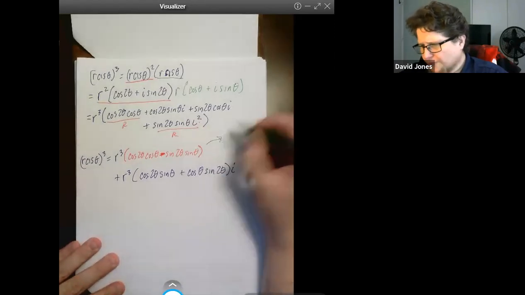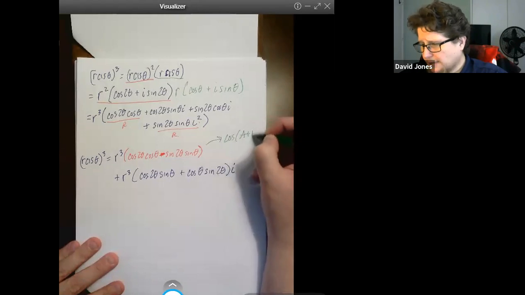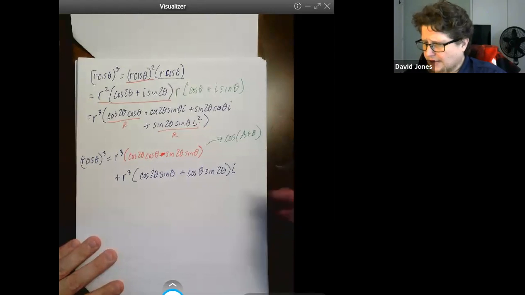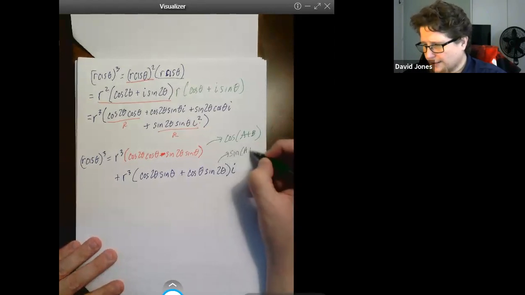This should look familiar. This is cosine of a plus b. And this should look familiar. That's sine of a plus b.